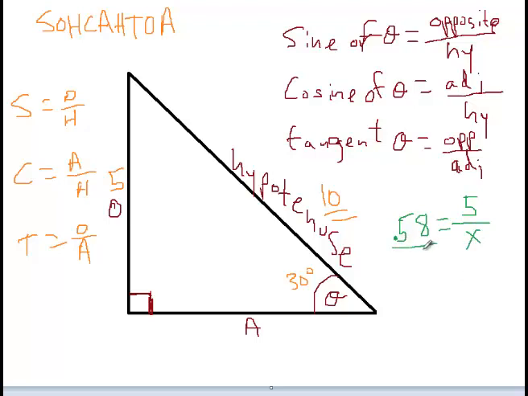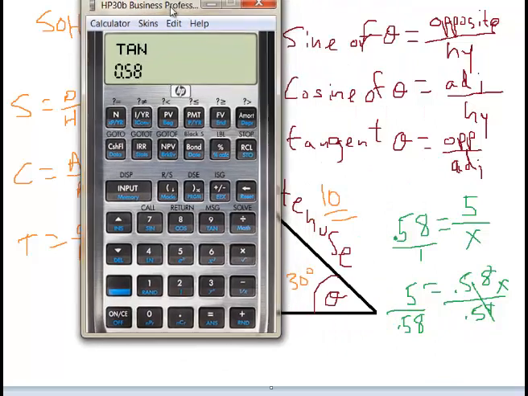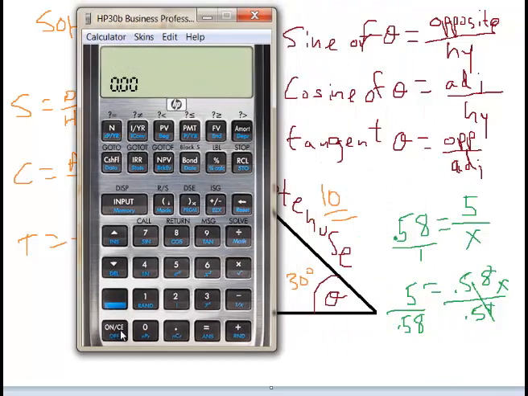And then let's use simple cross multiplication. 5 times 1 is 5, equals 0.58x. Divide each side by 0.58 in order to isolate x. You've got 5 divided by 0.58. Again, we probably should be able to do this in our head or on paper, but let's do it on a calculator anyway.